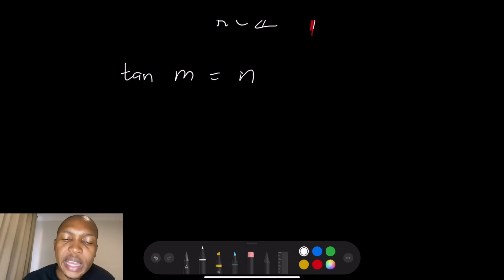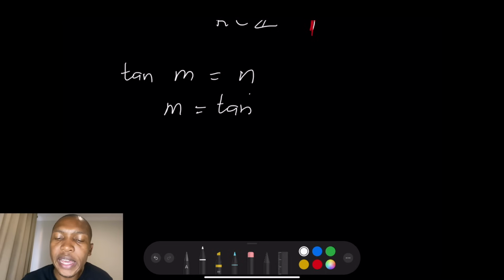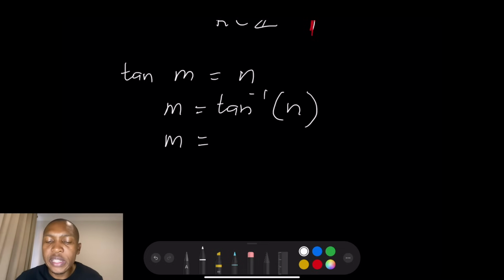Right, so in this case, how do I find the angle m? So m would be the arctan of n. Okay, so whatever the value is there. So m would be, let's just say for some reason, m is equal to some angle. We've used alpha, beta, let's say it's gamma. So m is equal to that angle there, gamma, right?